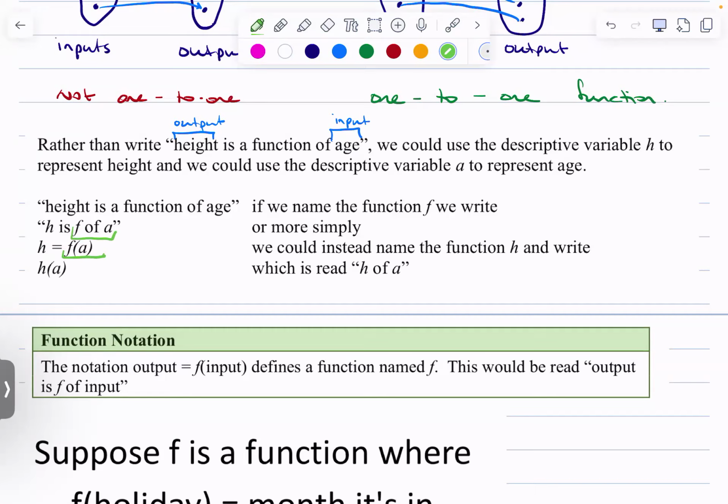This F of A. If I have something written like F, bracket, A inside, you read that as F of A. And so H is equal to, which is the same as is, F of A. And so you're going to read this as F of A.